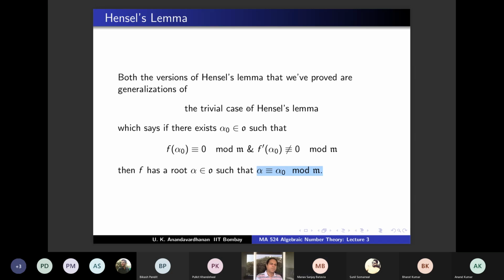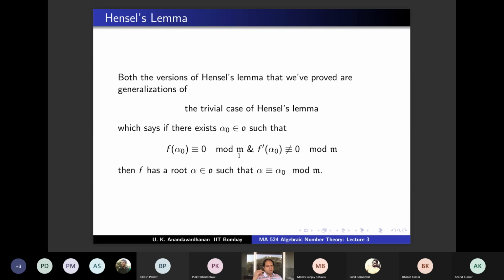Okay, good. So both are generalizations of this, and this is the official word. This is not my word. Lang says this is what is called the trivial case of Hensel's lemma. So if someone says the trivial case of Hensel's lemma, that means this simple situation. Many times this itself is good enough and useful, and you can directly prove it.